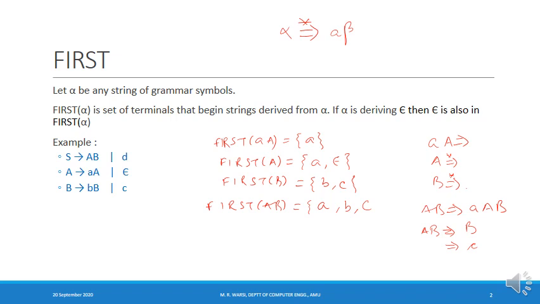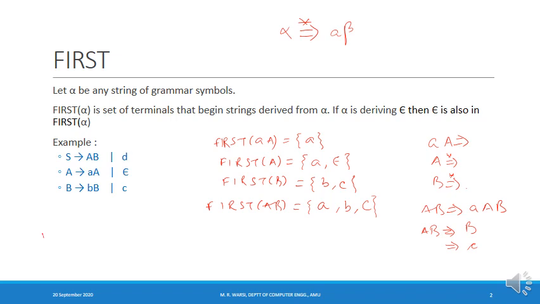So first of AB will contain a comma b comma c. So those strings which are derivable from AB will either begin with small a, or small b, or small c. That is the significance of this.